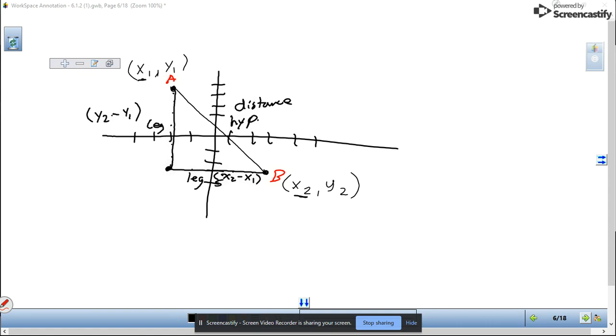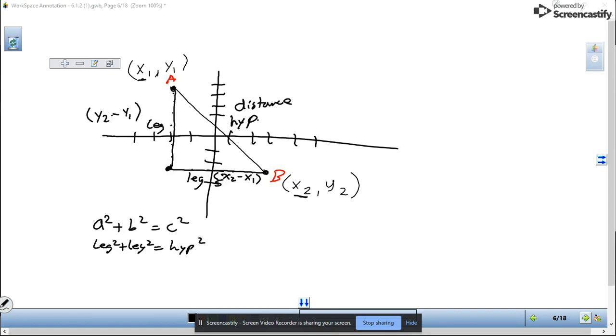So what does that actually look like? Well, it says a squared plus b squared equals c squared, or leg squared plus leg squared equals hypotenuse squared.